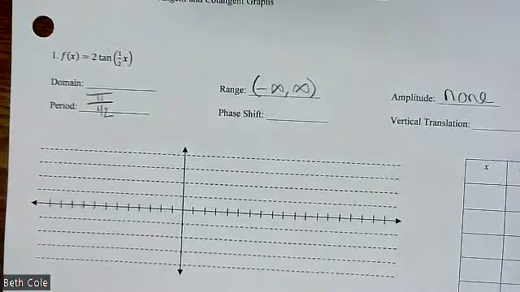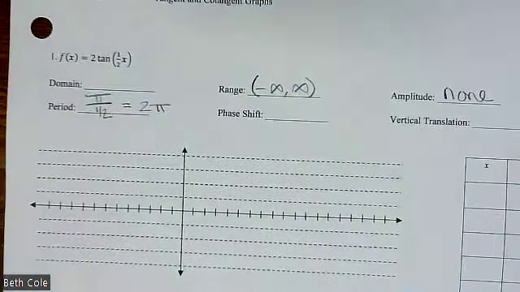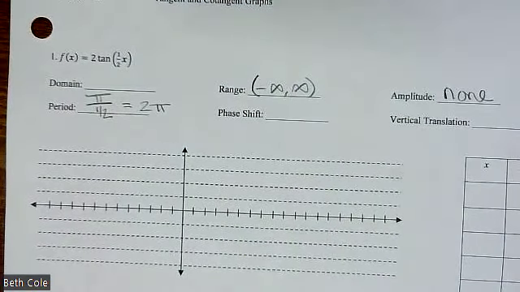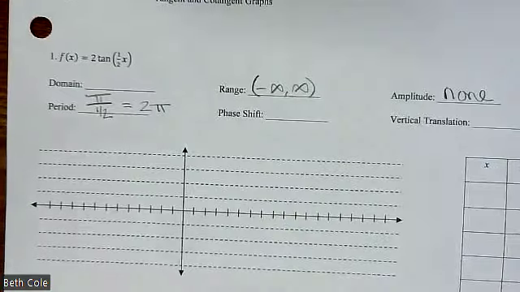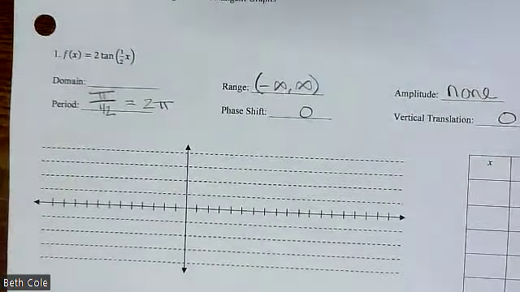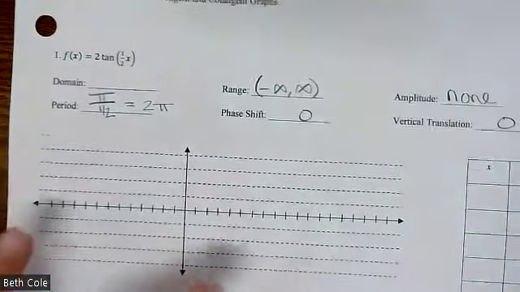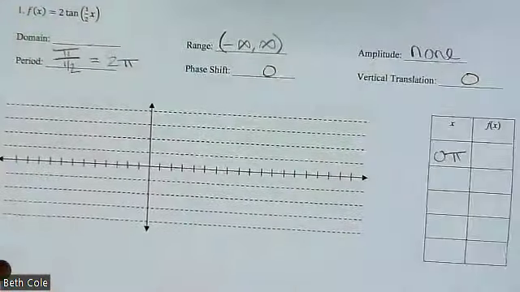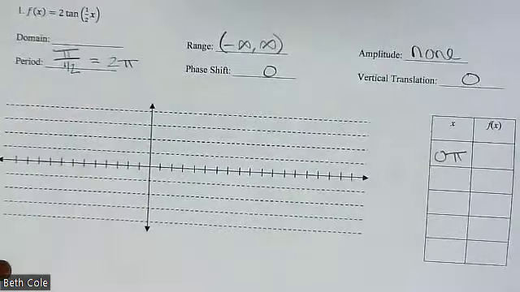All right. Dividing by 1/2 is the same as multiplying by 2 because you flip it over. So 2 pi. All right. How about phase shift? Yeah, none or zero, and then vertical translation is also 0. It is always nice when the phase shift is 0. It's when it gets shifted that stuff gets more complicated.